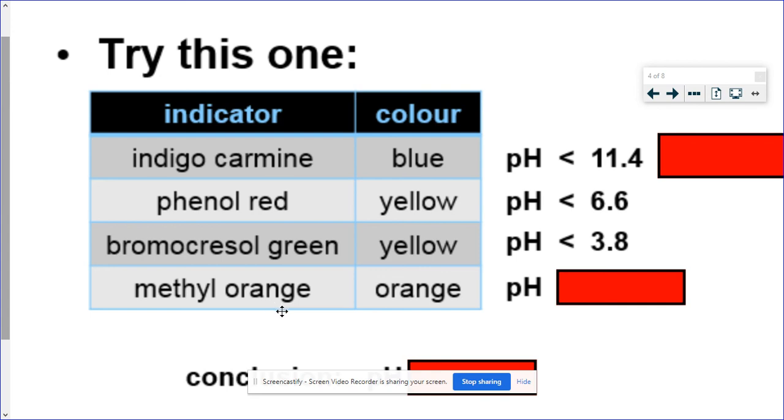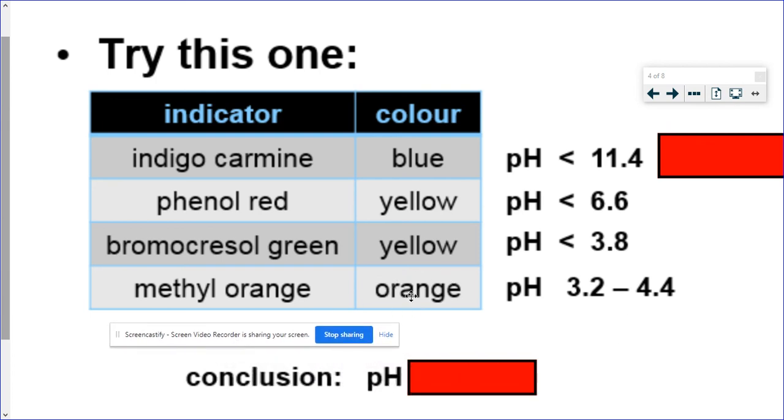Now, methyl orange will change color from red to yellow between 3.2 and 4.4. So I know that the pH of this solution has to be between 3.2 and 4.4 because orange is an intermediate color between red and yellow.